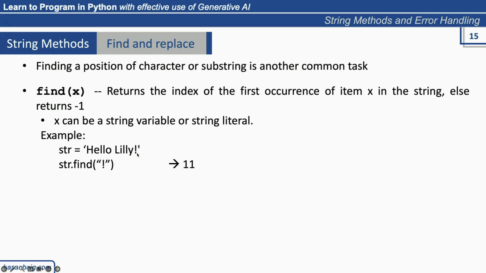Now let's look at the next one. We are looking to find a substring. This time we are looking for "hell". Here we are looking for this substring, which starts at index 0.